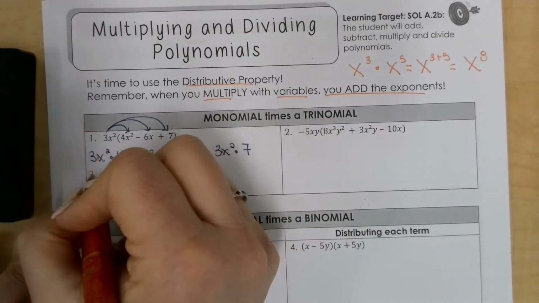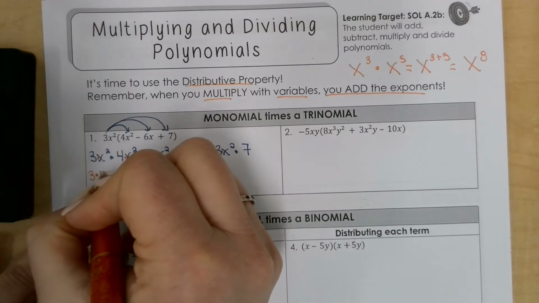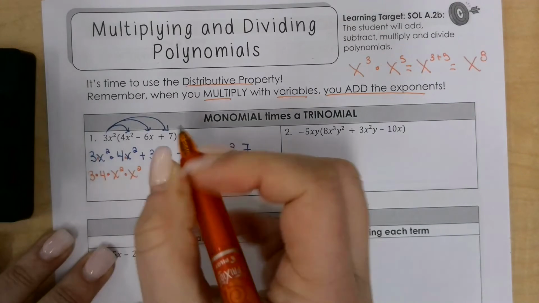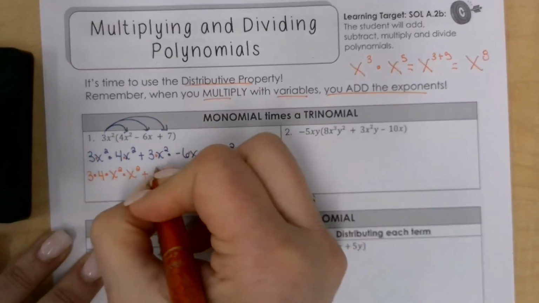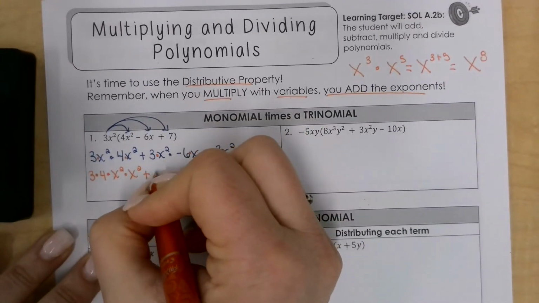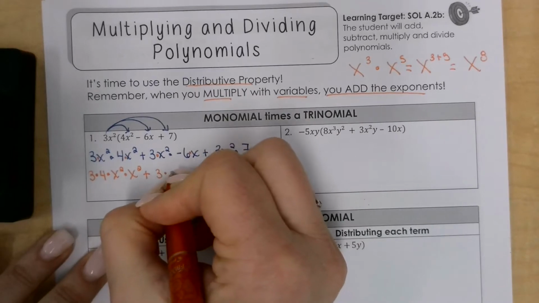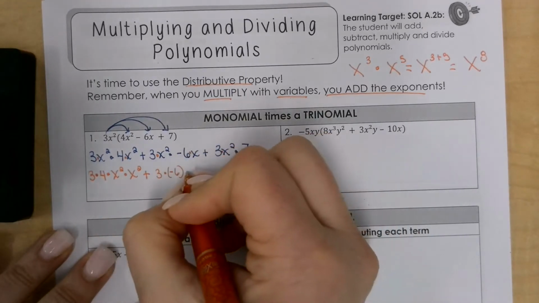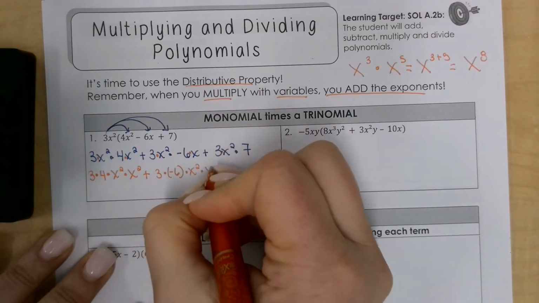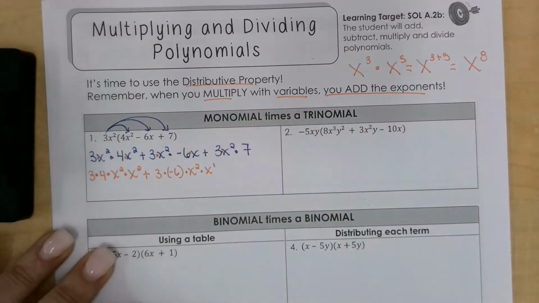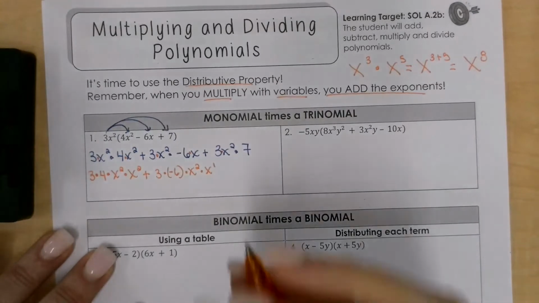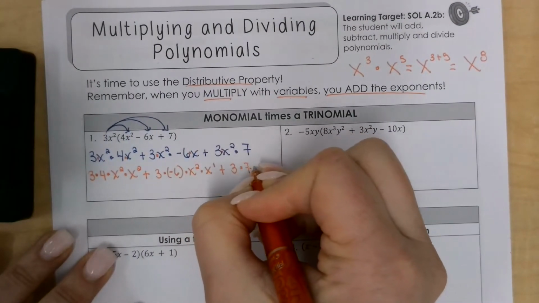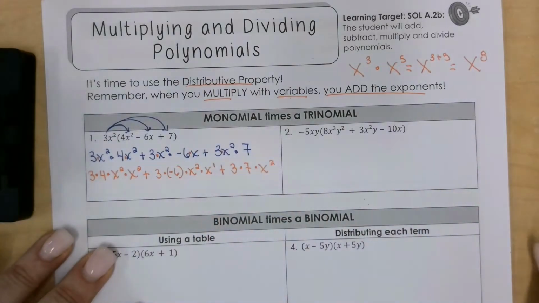I can rewrite my two coefficients, 3 times 4, times x squared times x squared. Now I can move my 3 times negative 6, I'll put that in parentheses so we remember it's negative, times x squared times x to the first. I'm going to give it a 1, so when I add, I remember that's what it does. And here I've got 3 times 7 times x squared.